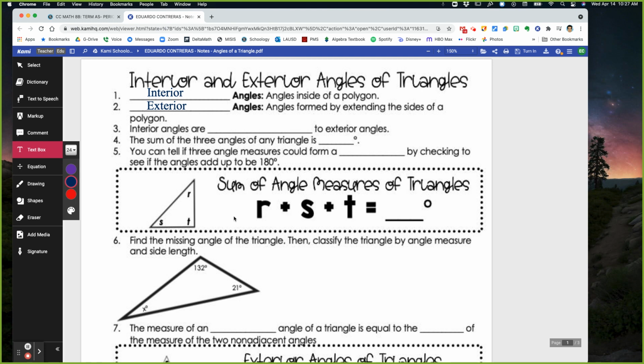Okay, so here's the thing about interior angles. Interior angles are supplementary to exterior angles. Supplementary means the angles add up to 180.